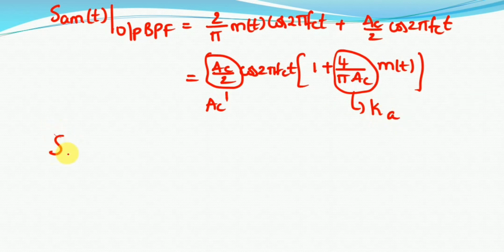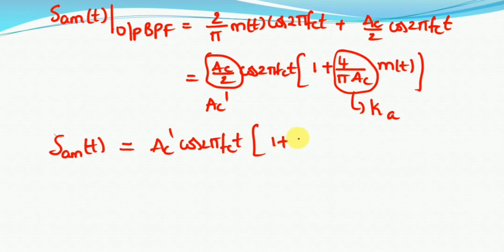So finally I can write the output of the band pass filter as AC dash into cos 2 pi fct into 1 plus Ka m of t. Hence, it is mathematically proved that by using a switching modulator we can also generate an amplitude modulated signal. This is the concept of amplitude modulated signal generation.